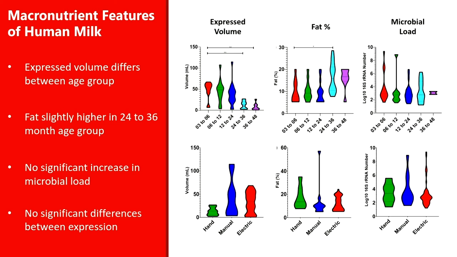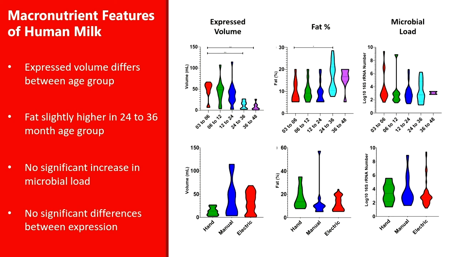Interestingly, we didn't see any differences in terms of how that milk was expressed, whether by hand or using a manual or electric pump. We also didn't find any differences in microbial load, which is particularly important because there isn't any concentration of bacteria that could potentially be harmful to babies.